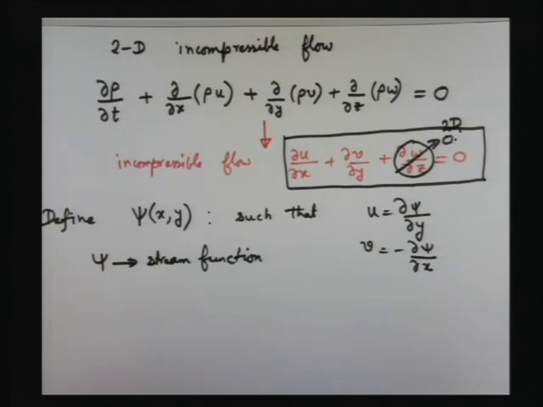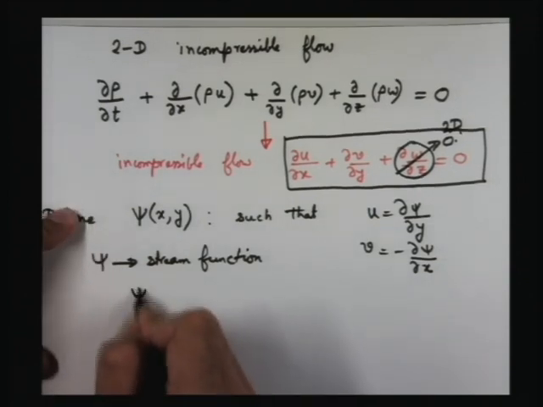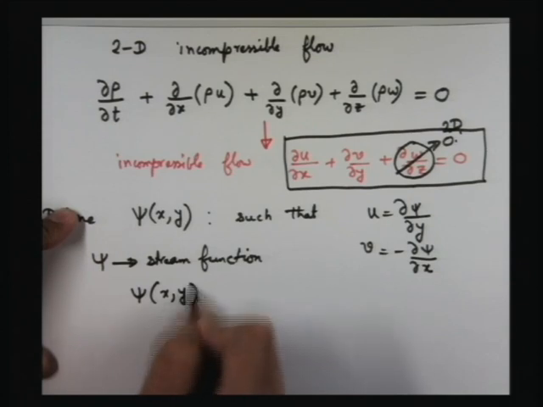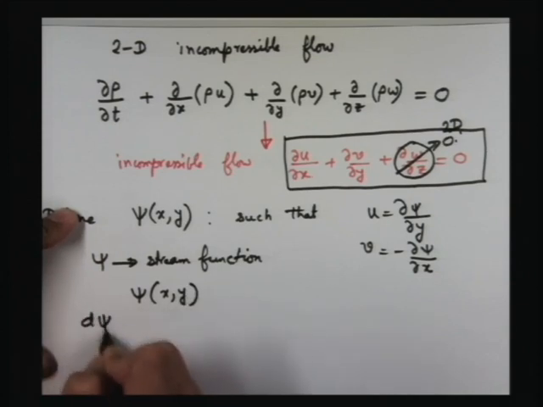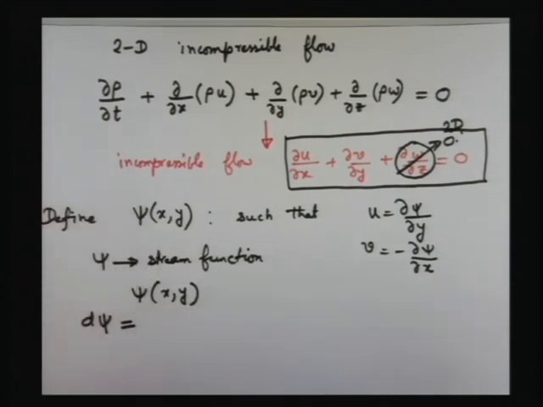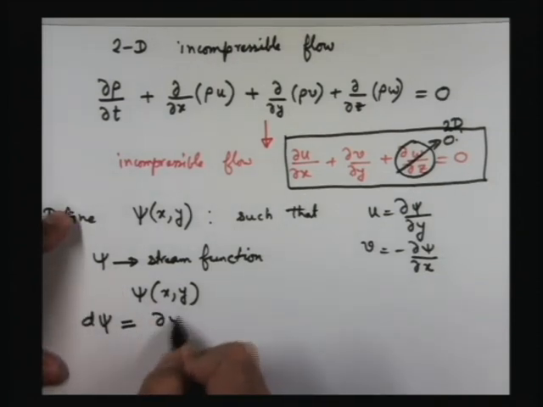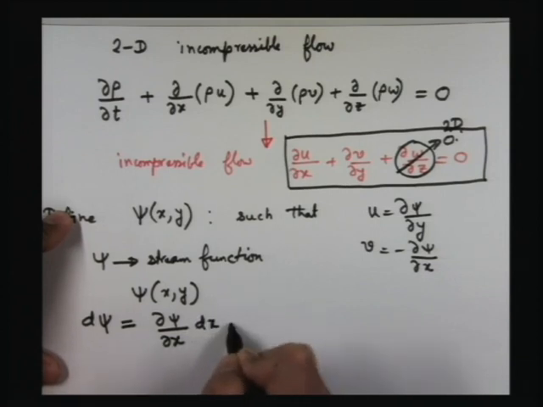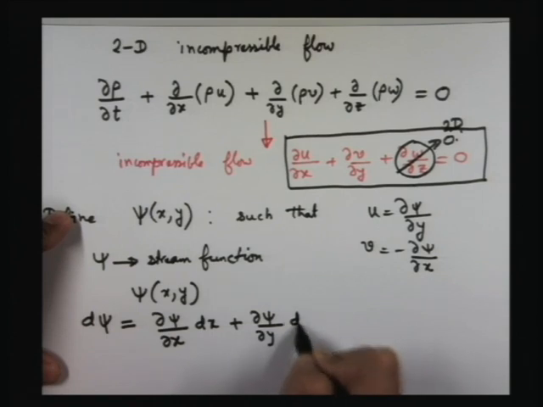Let us try to write the stream function as a function of x and y and write d psi. So, what is d psi? Del psi del x into dx plus del psi del y into dy.